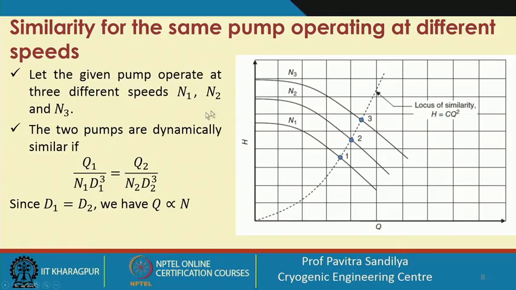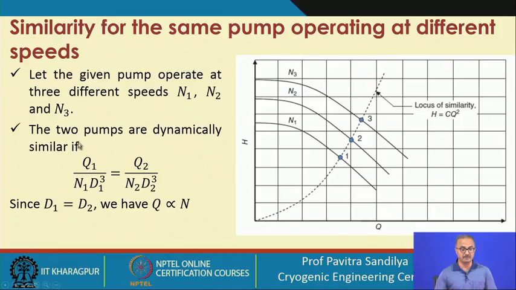So, first we see the similarity of the same pump operating at different speeds. Let us say N1, N2, N3 are the various speeds of the pump, and without any derivation, for a dynamically similar pump, this is the relationship. We see here how the flow rate is related to the speed and the diameter of the impeller.